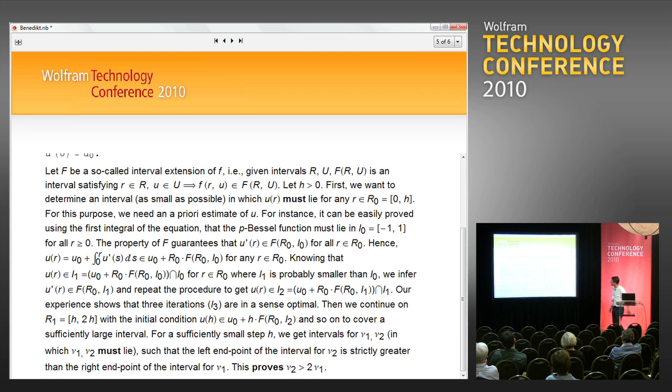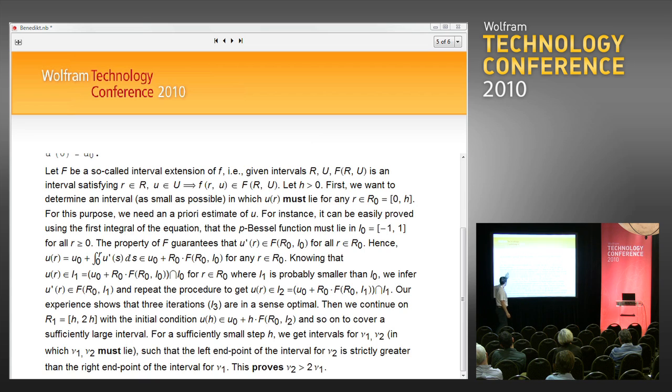And the first thing that we need is the so-called interval extension of the function f, small f, which is a function that takes two intervals as arguments, and it produces an interval for which, for any small r from the interval capital R and any u from the interval U, the value of the function small f must lie in the interval which is the image of this mapping.